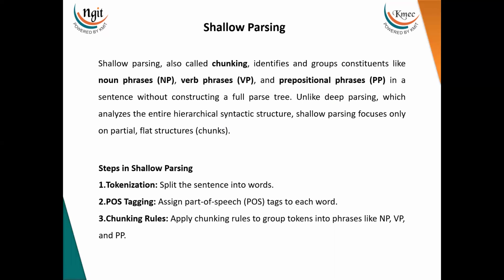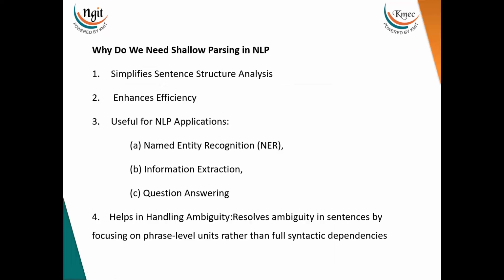Second is parts of speech tagging, where we assign a tag to each word in the sentence with its respective part of speech. Then chunking rules: we apply chunking rules to group tokens into various phrases like NP, VP, and PP, that is noun phrase, verb phrase, and prepositional phrase respectively.